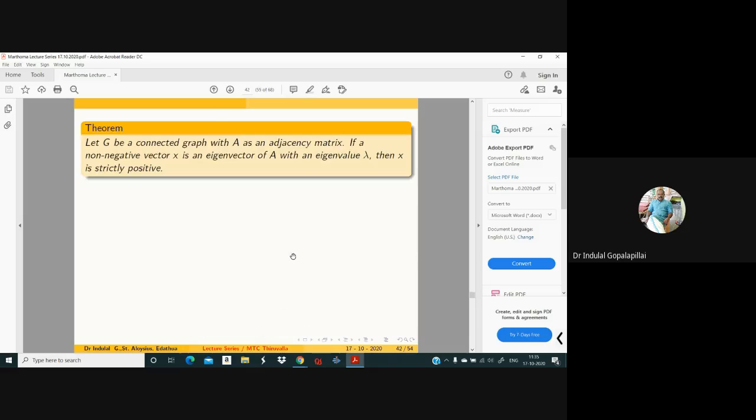Another observation regarding the eigenvalue and eigenvector of a graph. These are all elementary basic principles of spectral graph theory.